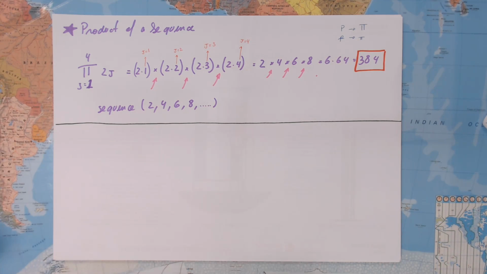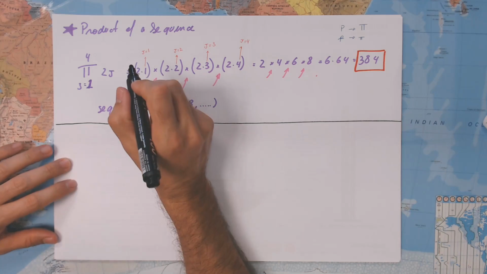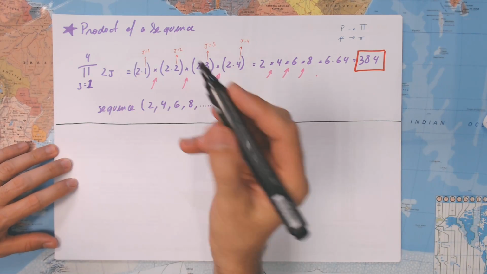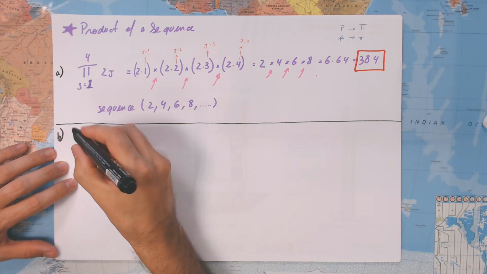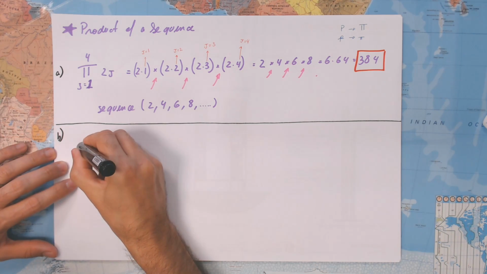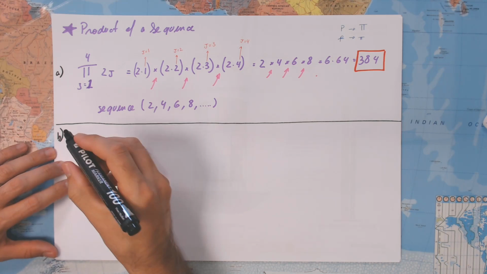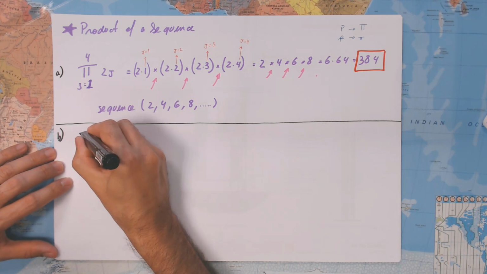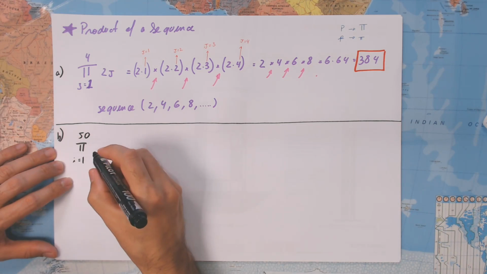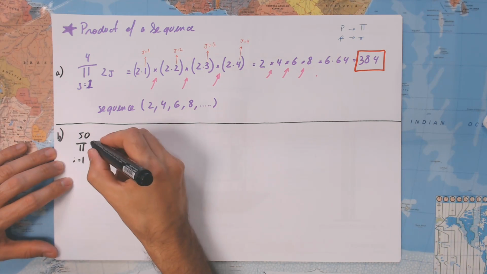Let's see now some examples of using the product of a sequence. Let's say this B. Let's make it like this. The product of I goes from 1 up to 50, and the general term is going to be this.